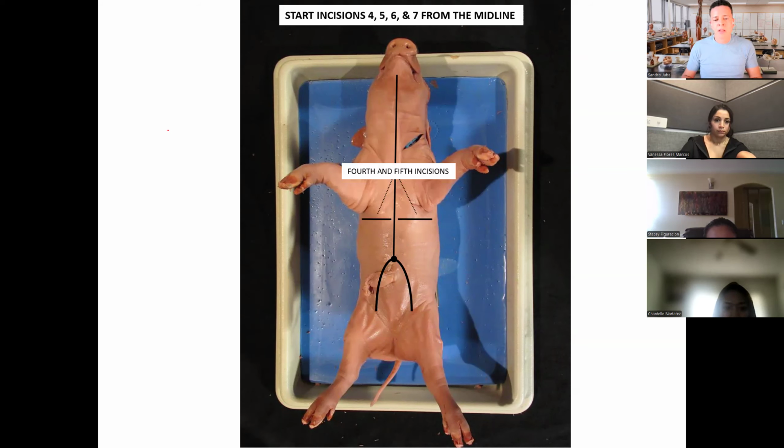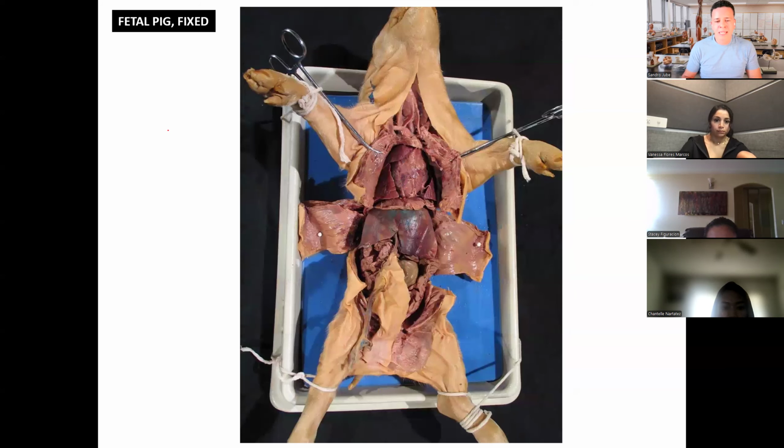And then a couple of other incisions right through that first incision. And now what we're going to do? We can completely open up that fetal pig. And we are able to look at all the internal organs and the cavities, the thoracic cavity, and also the abdominopelvic cavity.